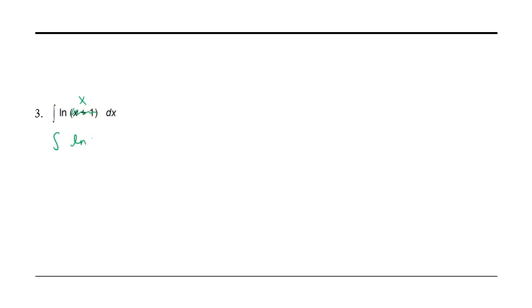Okay, so integrate ln x dx. First step is to find the right u and the right dv. So what is our u? Okay, ln x, and dv is dx. Okay, why don't we put ln x in dv? Because ln x cannot be integrated. Remember, dv we will integrate, u we will differentiate. So because ln cannot be integrated, we must put it in u, since we can only differentiate it.